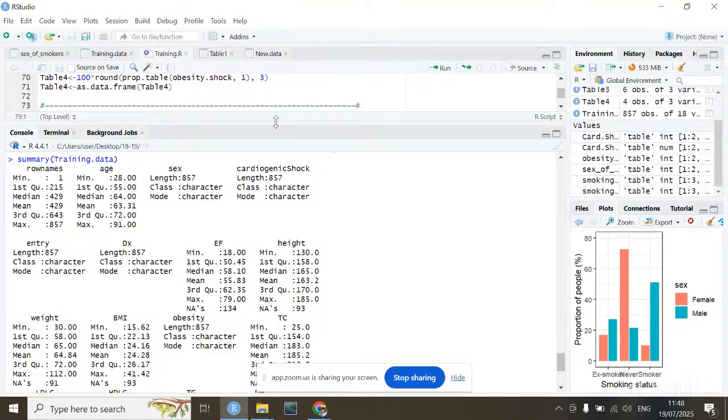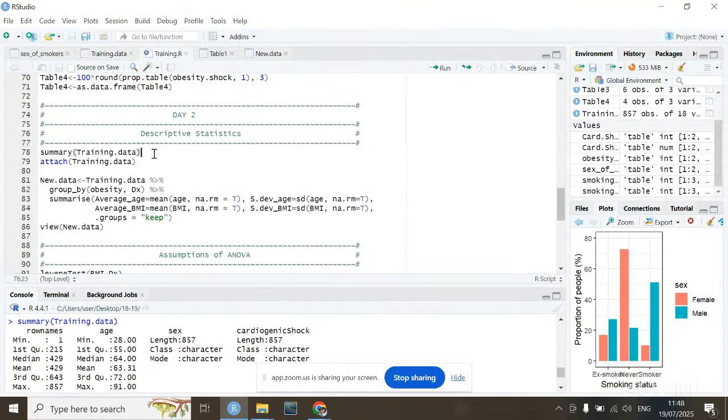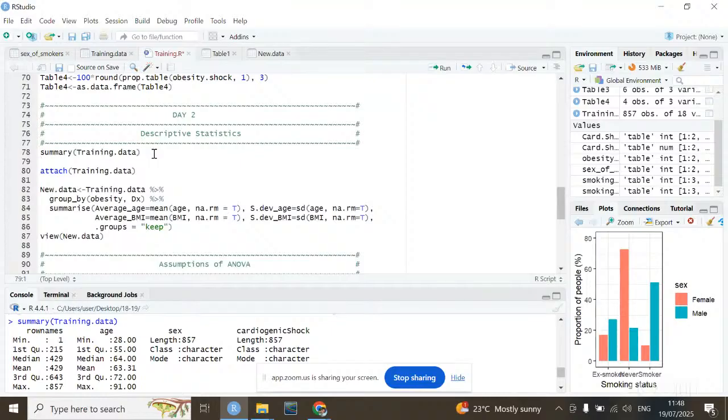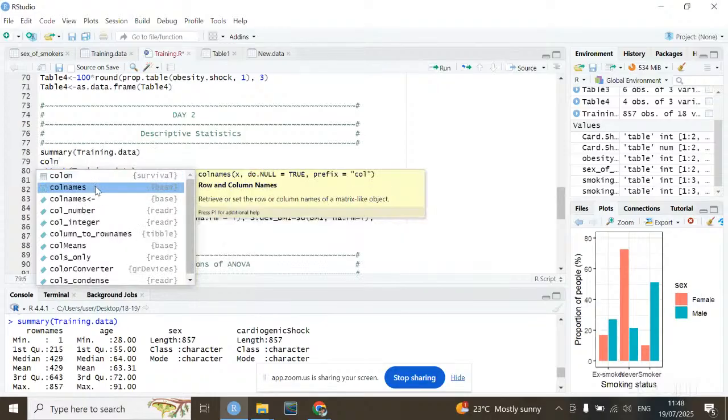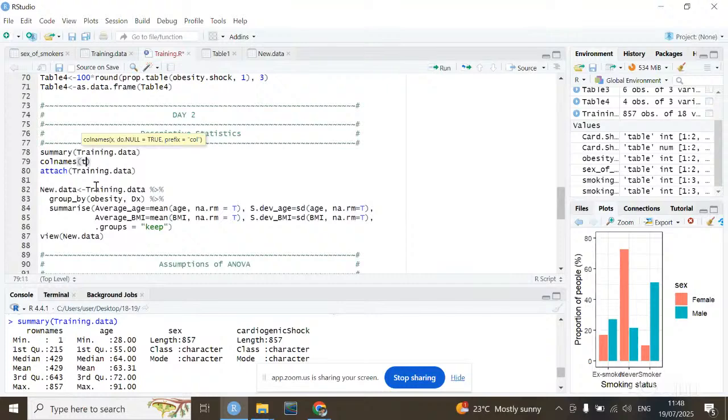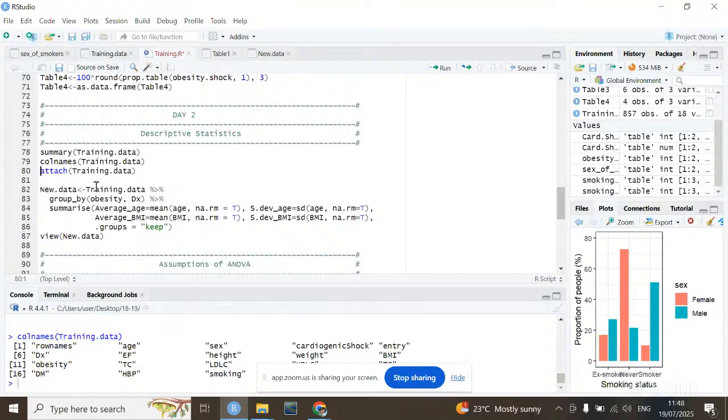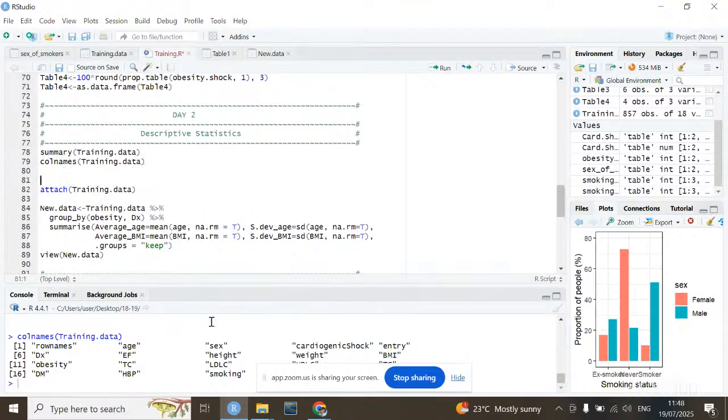So what we could do, if we want to get the descriptive statistics for each, let me first get the column names again for our data. We have the age, the activities, the sex, the height. So we could do the descriptive statistics for each and every column.